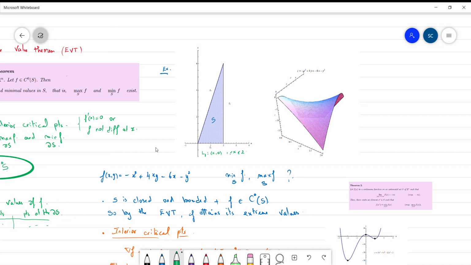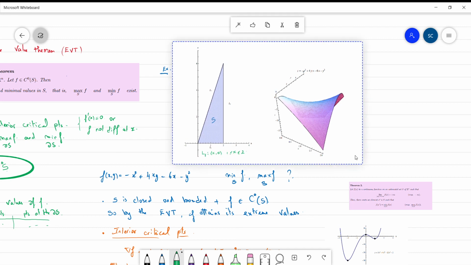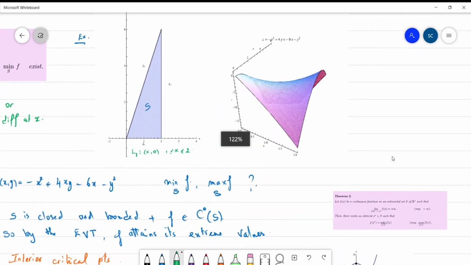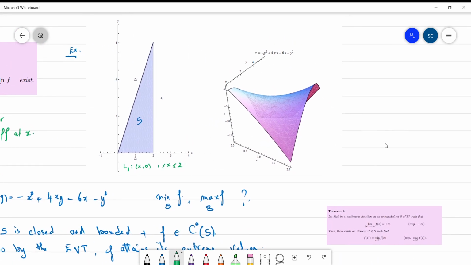L2 is the set of points, so x is fixed, it is 2, so it will be 2 and y.